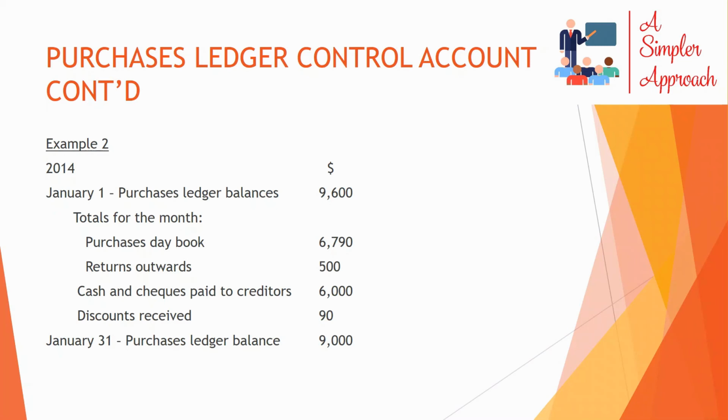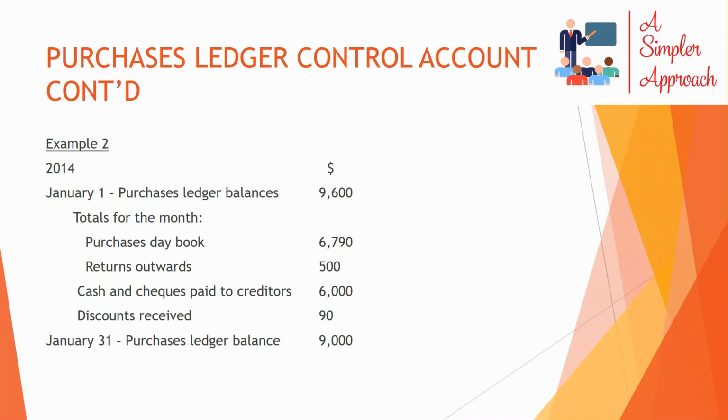Returns outwards, 500. Cash and checks paid to our creditors, sum total 6,000. And discount received, $90. Now, once again, we've been given what the closing balance is supposed to be. The closing balance is $9,000.